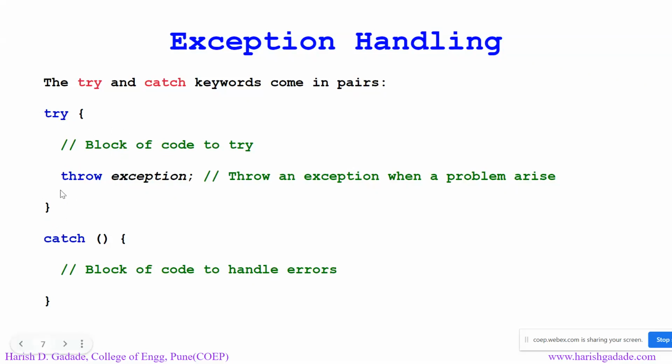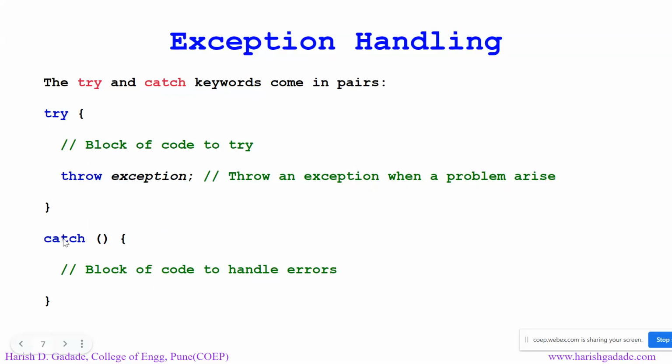Inside of this try we write that exception. If suppose any error is there, then we need to throw, and that will be caught by the catch block, right? So throw an exception when a problem arises. Throw we write inside of this try, right? This try block and this catch block are the two pair blocks we can say.